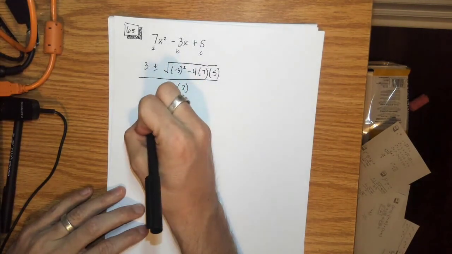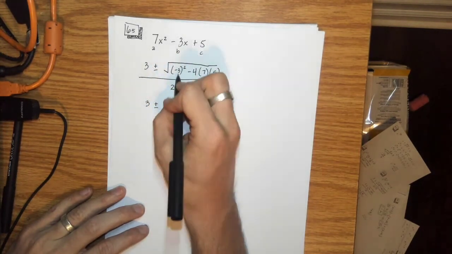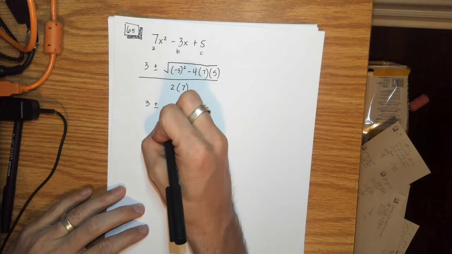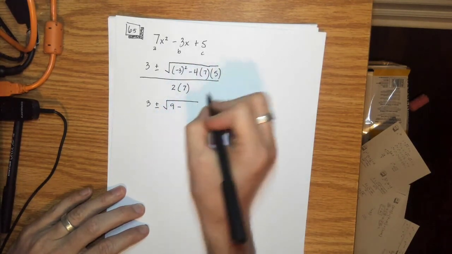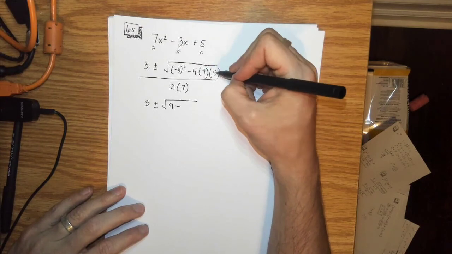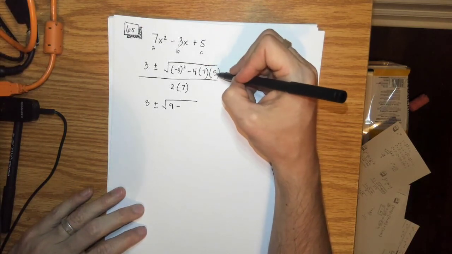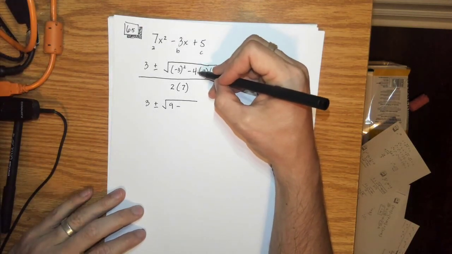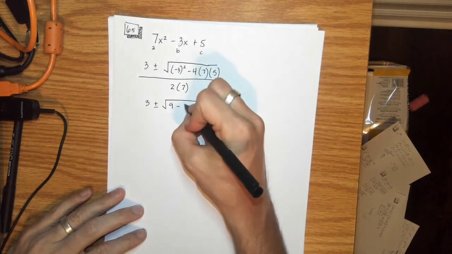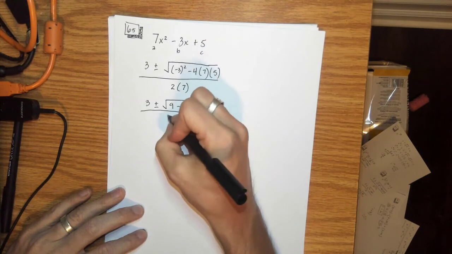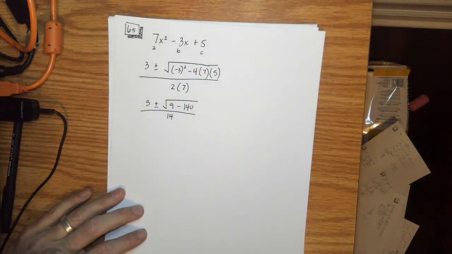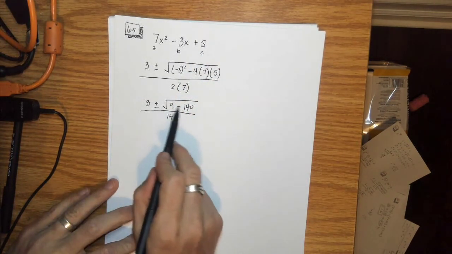Can't do much with that. This negative 3 squared is going to become a 9, and then 7 times 5 is 35 times 4, that's going to be 140. Okay, and this is over 2 times 7, which is 14. Okay, we can simplify this.